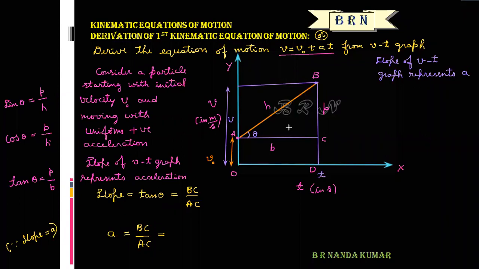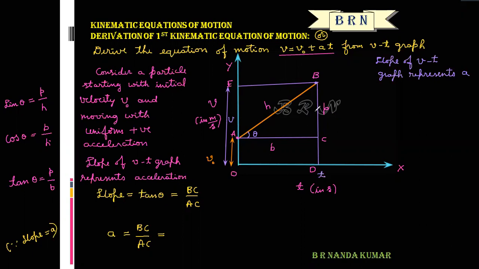Actually, let us consider this point as E. So AE and BC both are same. So AE is equal to OE minus OA. Is it not? That is the value of AE.